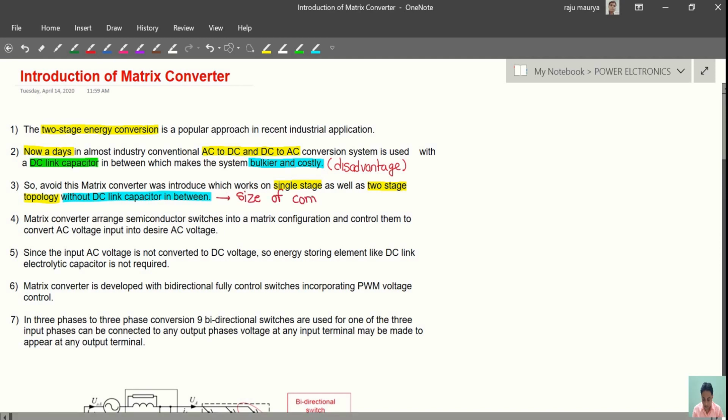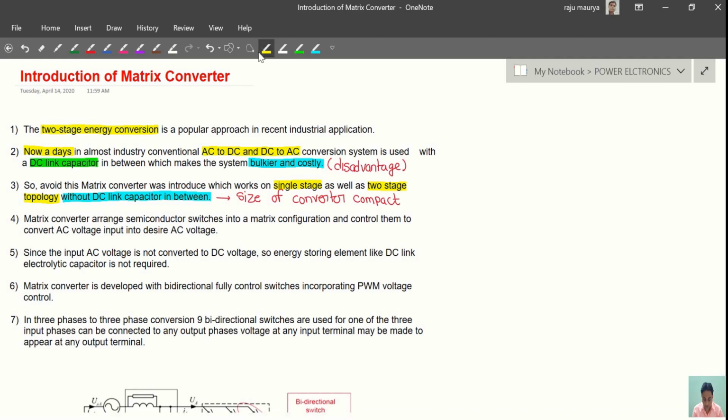So without the DC link capacitor, the size of the converter reduces, or the converter gets compact.